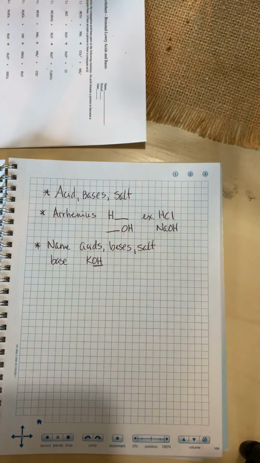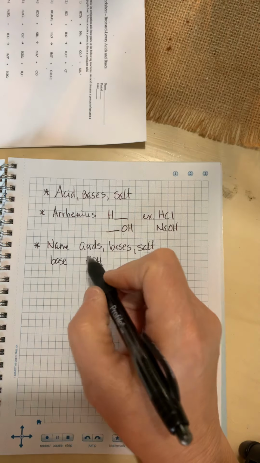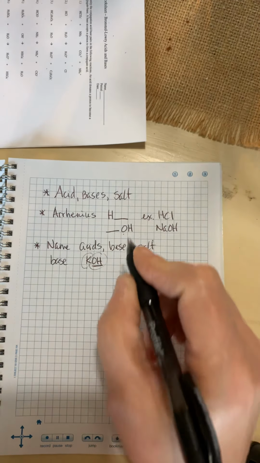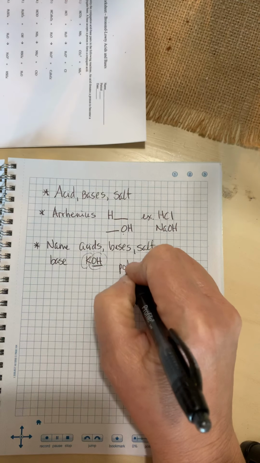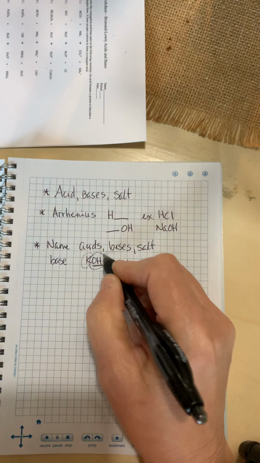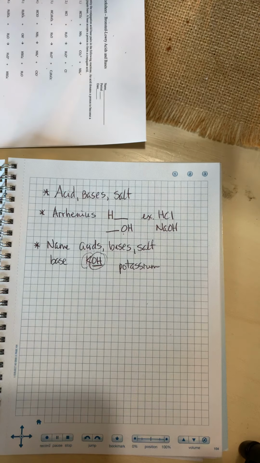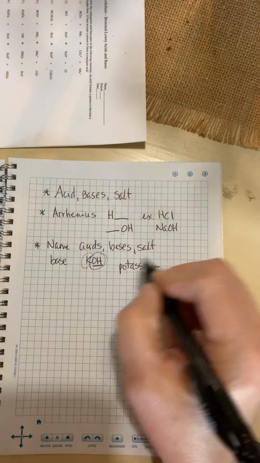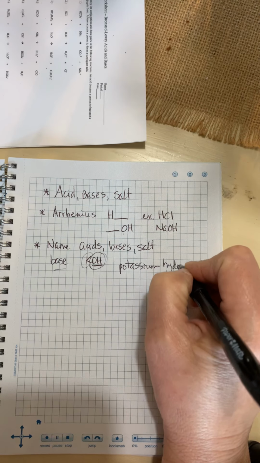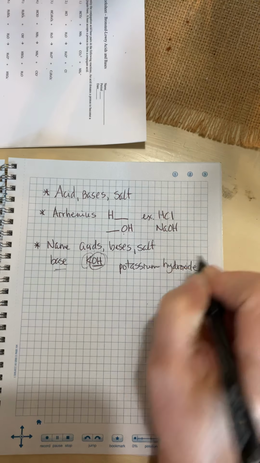There's the hydroxide that makes it a base. This goes back to naming and bonding: start on the left-hand side, naming the metal. This would be potassium. What's left is a polyatomic ion, and because it's a base, it's hydroxide. So this would simply be potassium hydroxide.